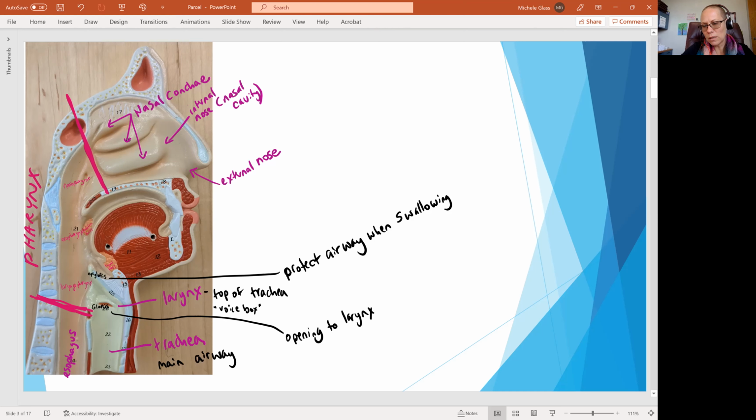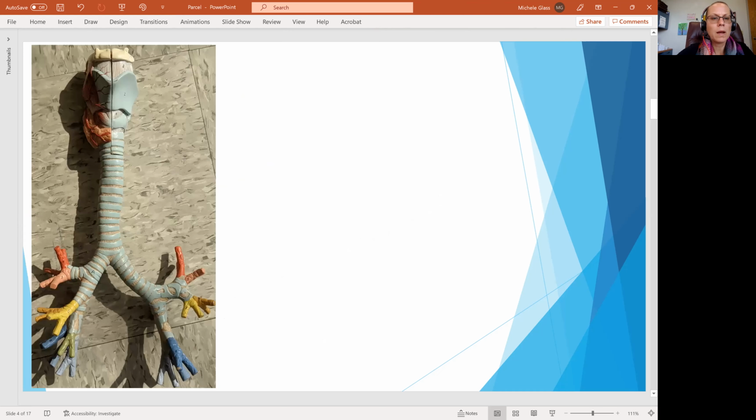As we take a look at this next model, we see at the very top our larynx. We see next the trachea, which is the large tube. You can see the cartilage there, the C-shaped cartilage.